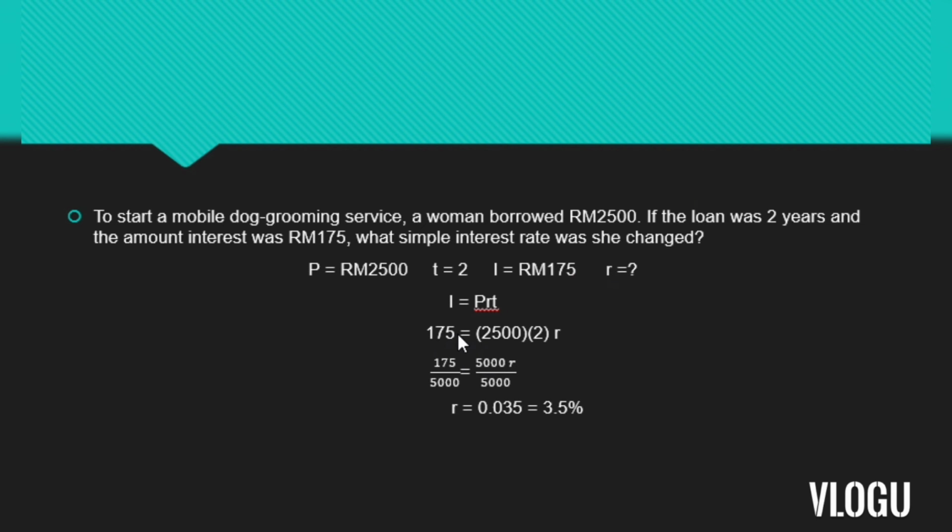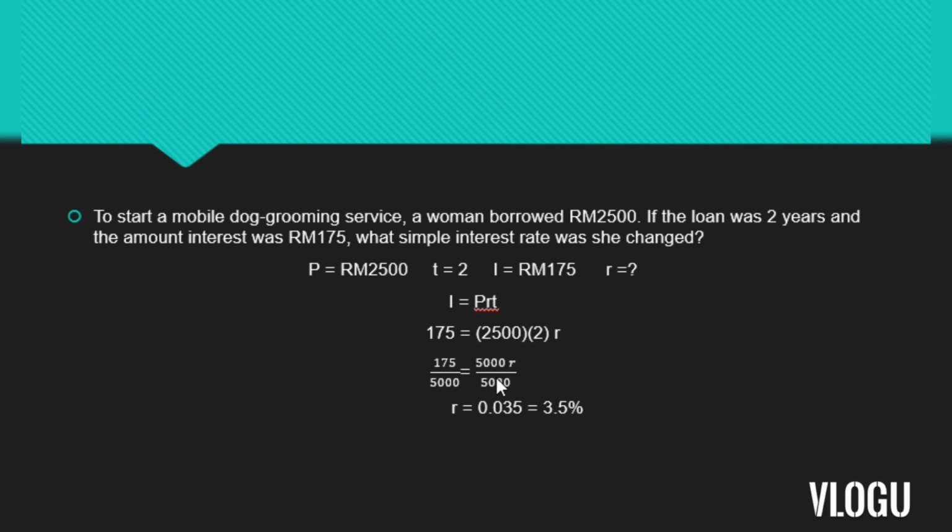175 ringgit equals 2,500 times 2 years. So we will need to find the rate. 175 ringgit divided by 5,000, which is the value of 2 years of the money the woman borrowed.